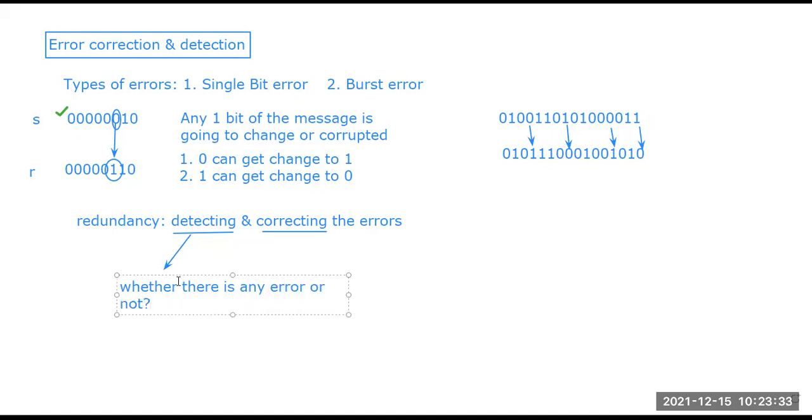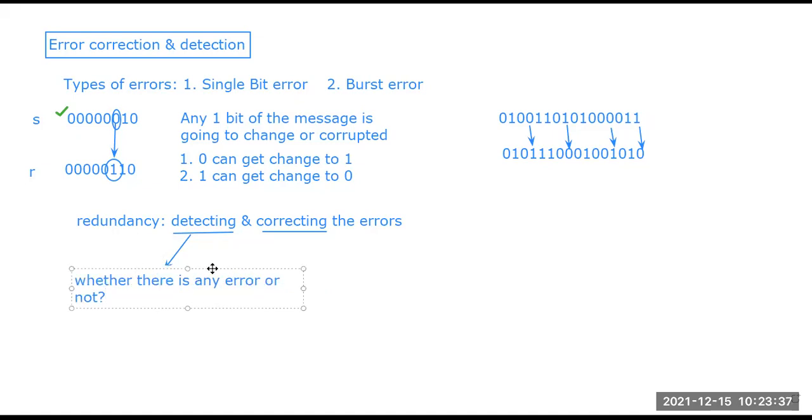It is very easy. If the original message from the sender and the message received by the receiver, after decoding, looks like it is not the message I am looking for, then we can assume that an error has happened, right?